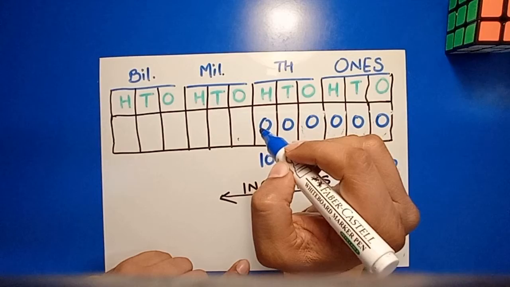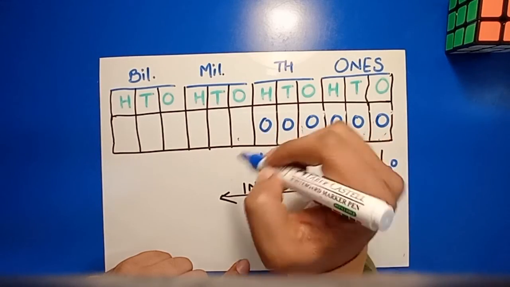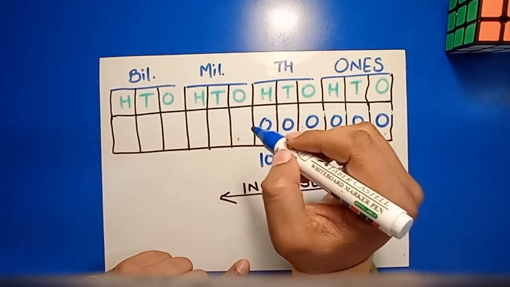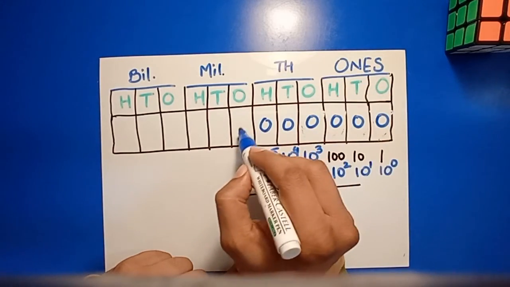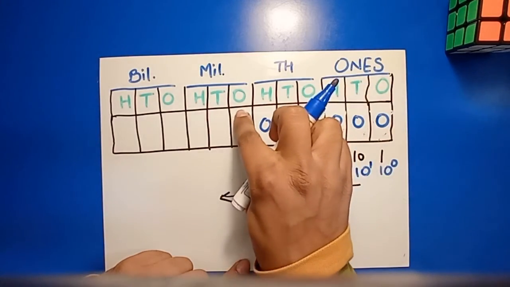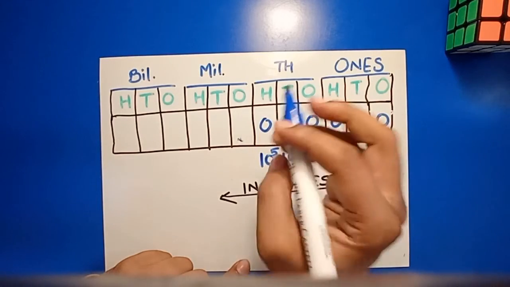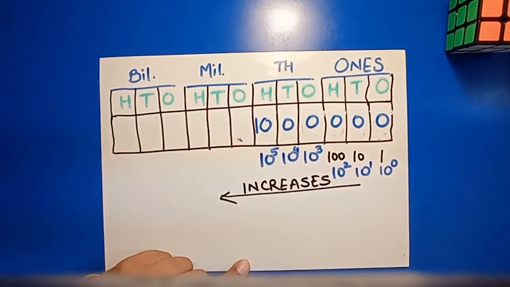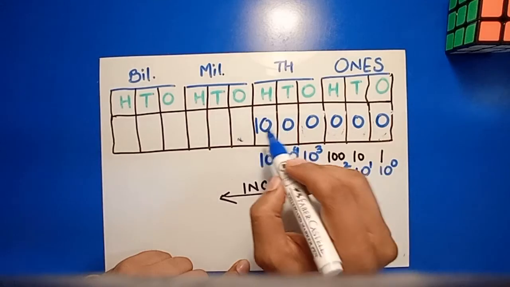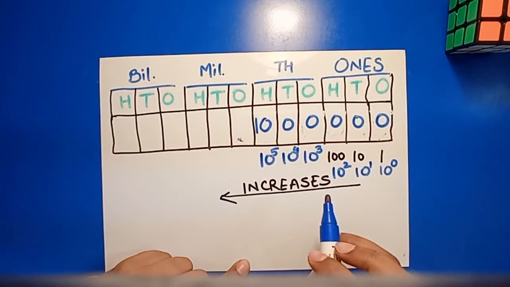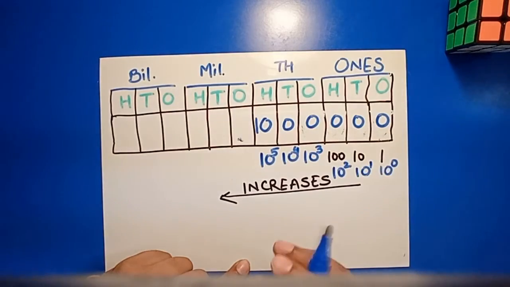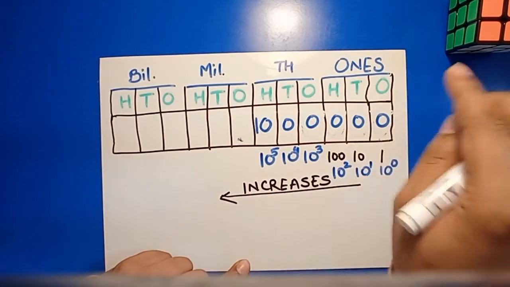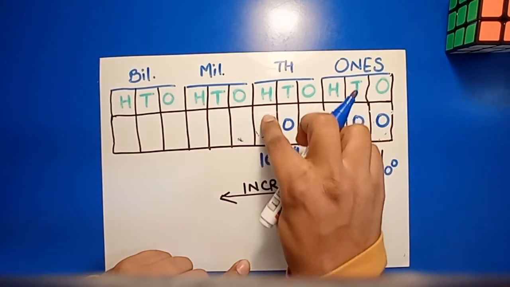So for example, the objective is to tell how much is 1 million in terms of 100,000s. So I had only one here. I will move this and shift it into this place. So how many hundred thousands is 1 million? 10 hundred thousands.